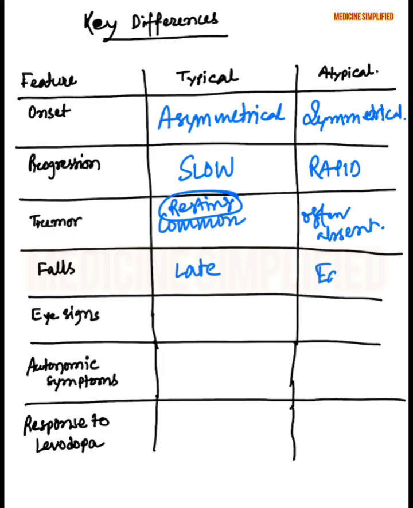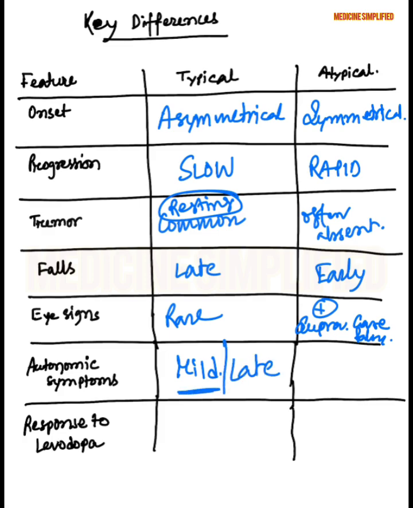Eye signs are usually rare or not present in typical, and usually present in atypical, like supranuclear gaze palsy. Autonomic symptoms are very mild, absent or late in typical, and very early in atypical, like unexplained tachycardia, resting tachycardia, orthostatic hypotension, etc.